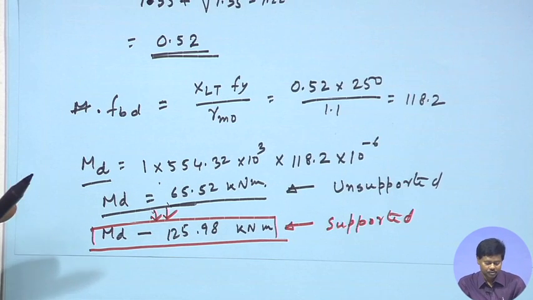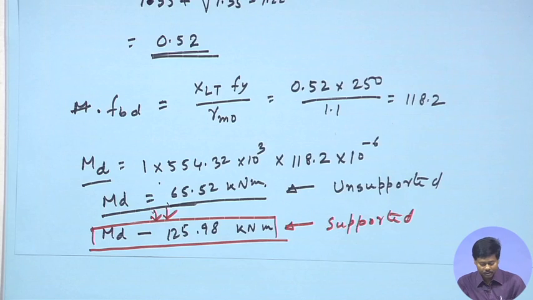Okay. So, we could see from this demonstration that the design bending strength of the member is decreasing to a certain extent if the lateral torsional buckling effect is considered.